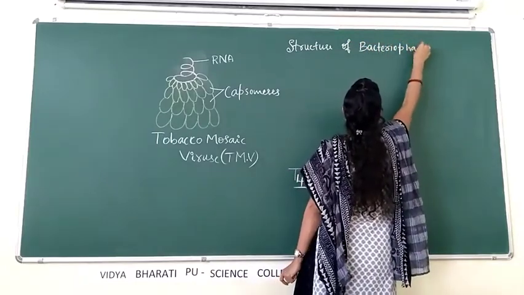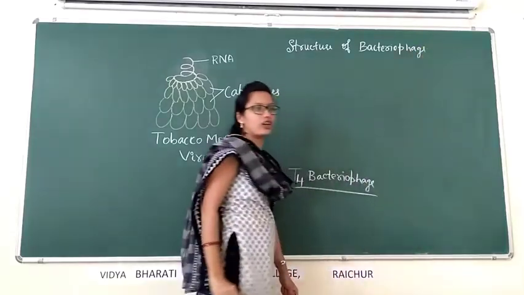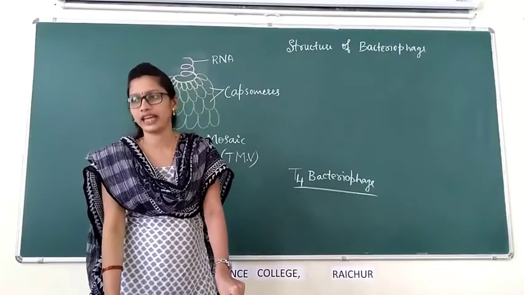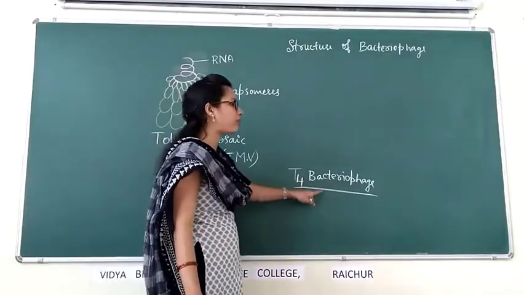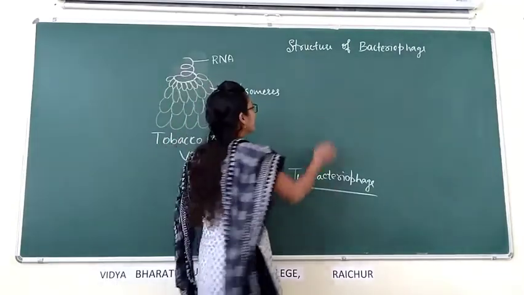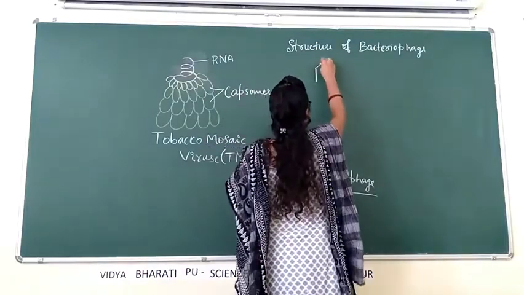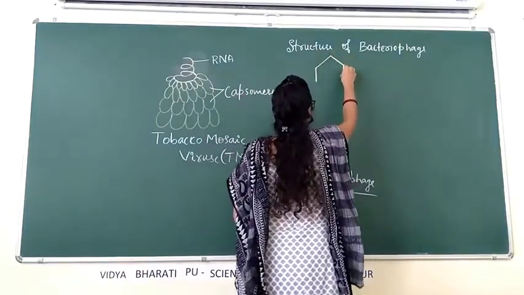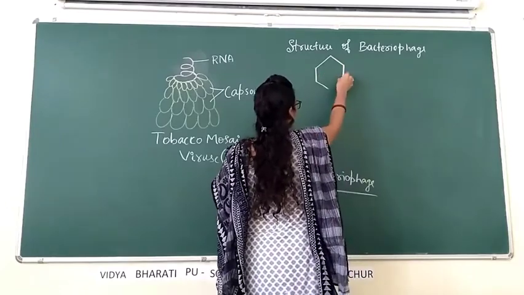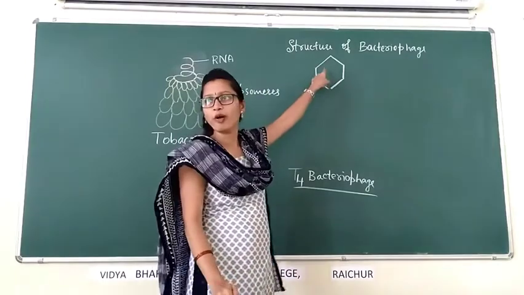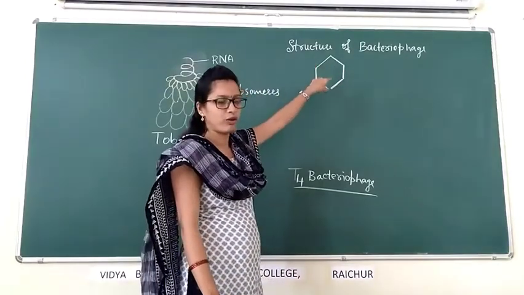So the structure of bacteriophage contains head, neck with collar, and tail. The structure of bacteriophage mainly contains 3 parts. The first part is the head. It may be polyhedral in shape.